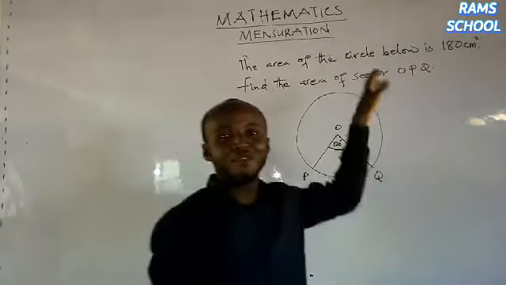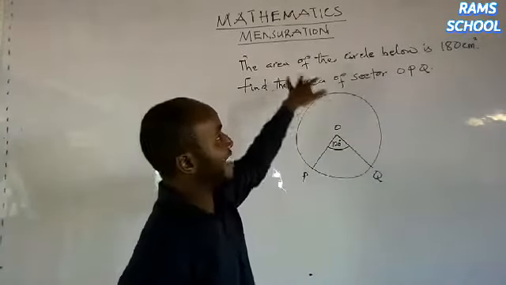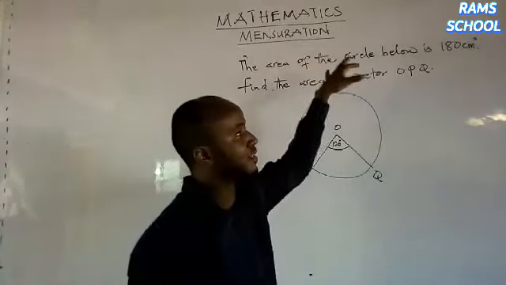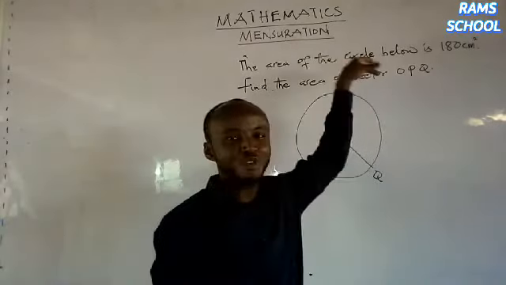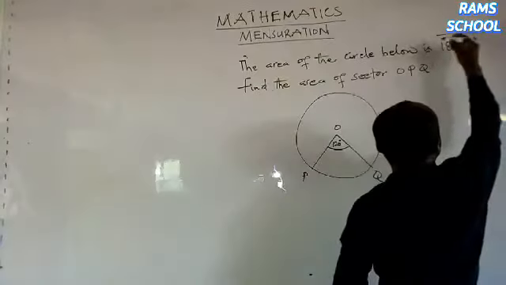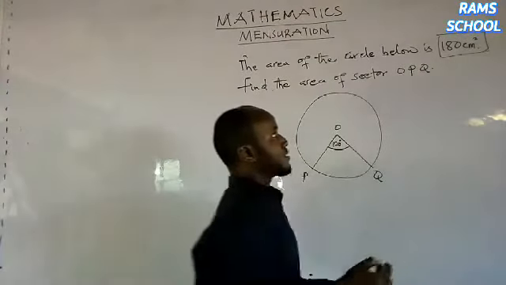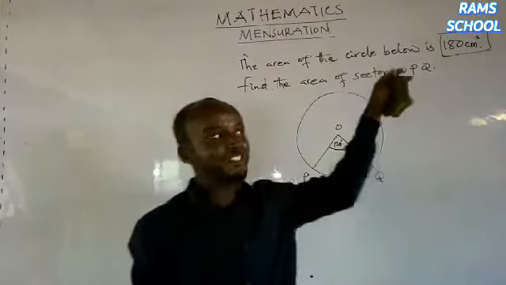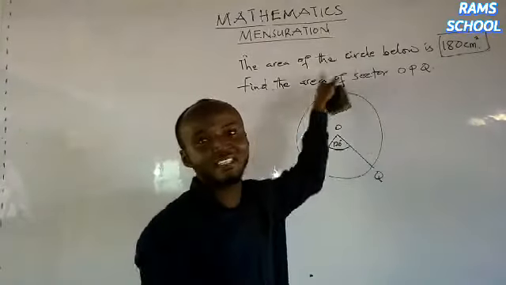But if you compare this question to the previous lesson, I gave you the radius of the circle, whereby you do the substitution into the formula. But in this example, they've given you the area of the full circle. So don't waste your time finding the radius first before you find the area of the sector.